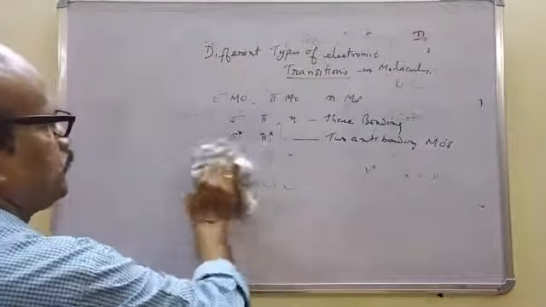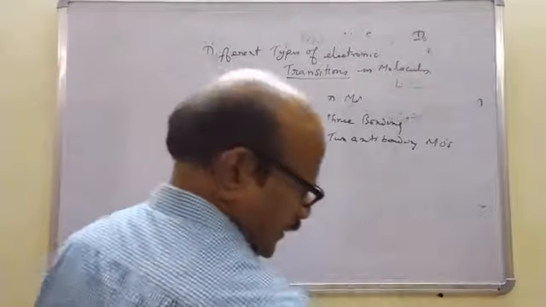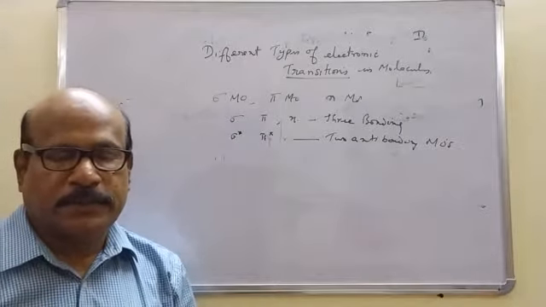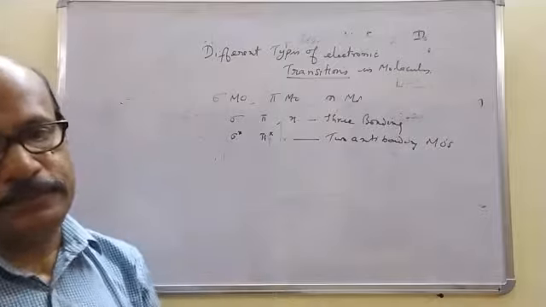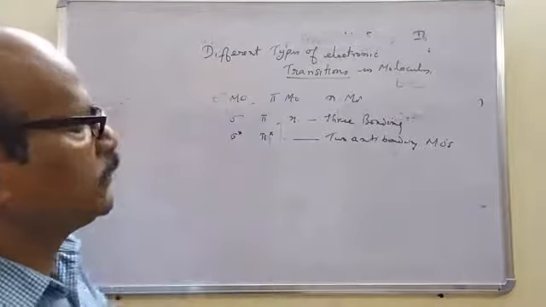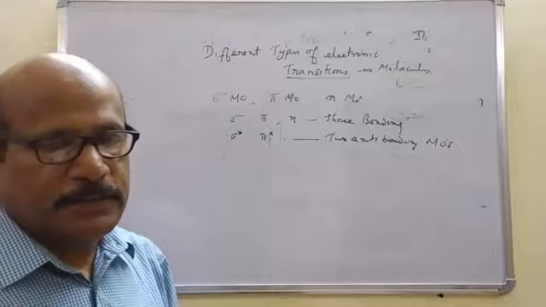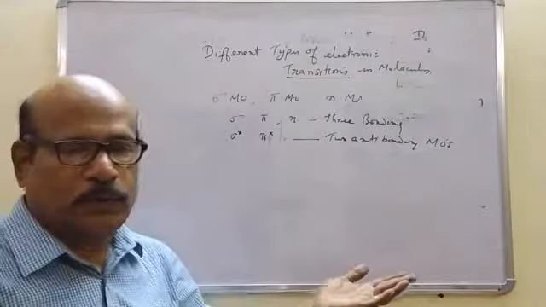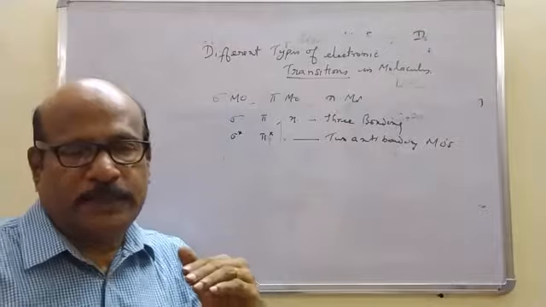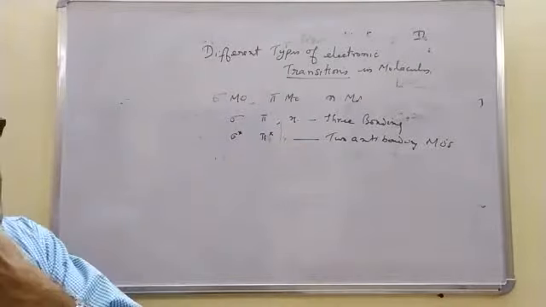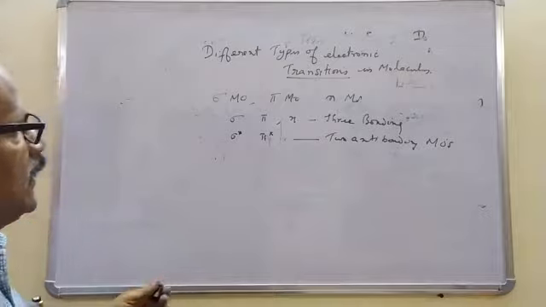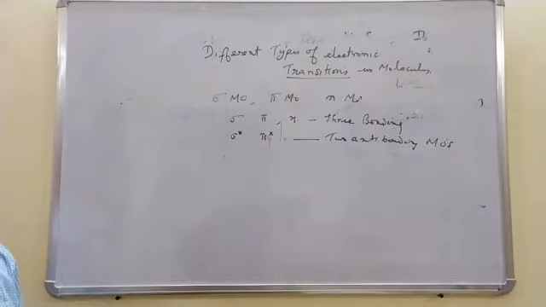Since there are 5 molecular orbitals and the transition is always from HOMO to LUMO, we can predict that 6 different types of electronic transition are possible due to the HOMO-LUMO interaction.